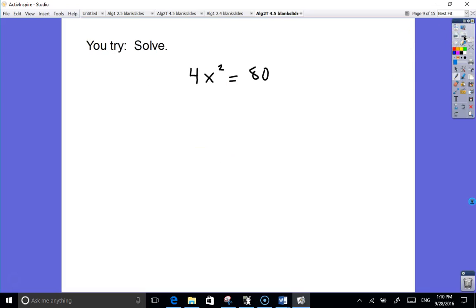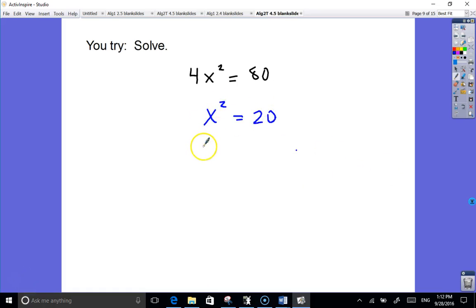That's a solve, right? And notice on a problem, when you're eventually going to solve by taking square roots, you don't have to start with everything equals 0. And this one is not. So what did you do to isolate? Divided by 4, right? So you had x squared equals 20.